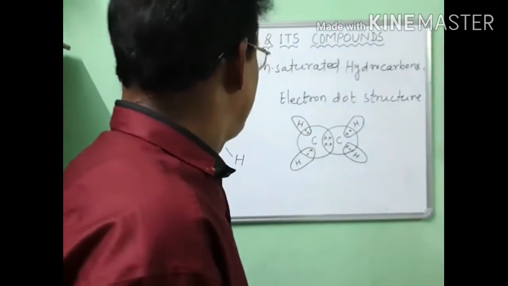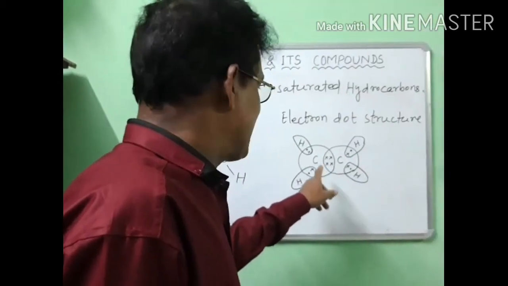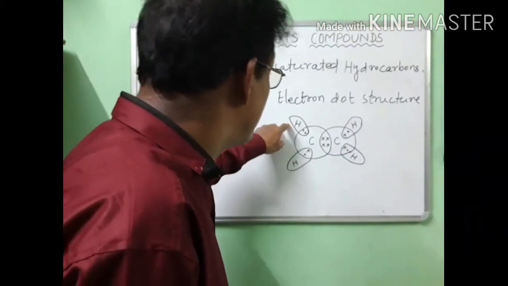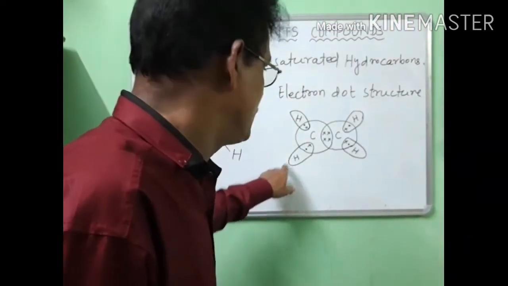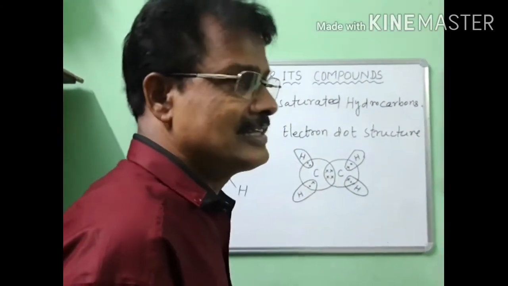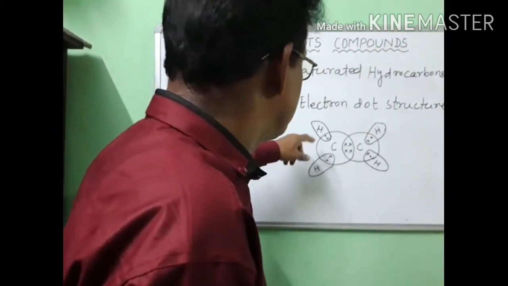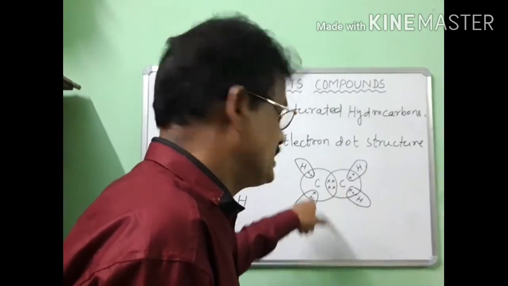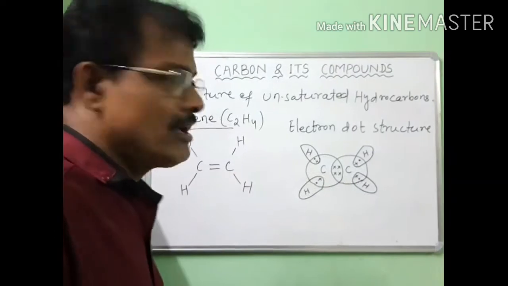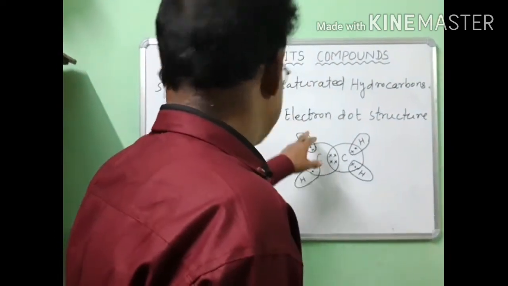Each carbon atom shares a single pair of electrons with two hydrogen atoms individually. So this is the electron dot structure of ethene.